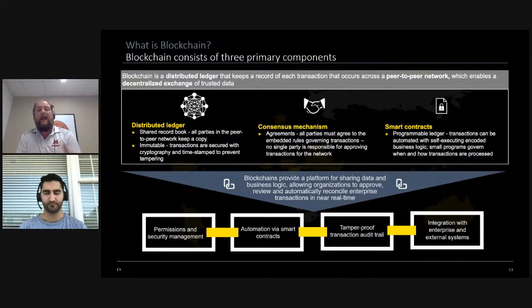There are a handful of consensus mechanisms out there today, probably the most prominent being proof of work. And they involve multiple parties working in parallel to solve a mathematical puzzle.